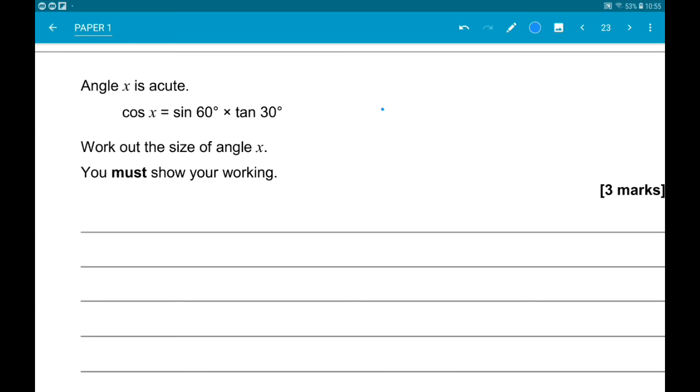Okay, so sine 60 is root 3 over 2. Tan 30 is root 3 over 3. So cos x is root 3 over 2 times root 3 over 3.